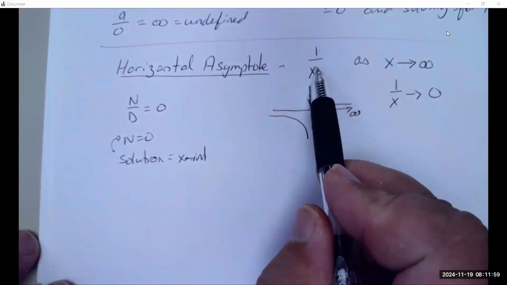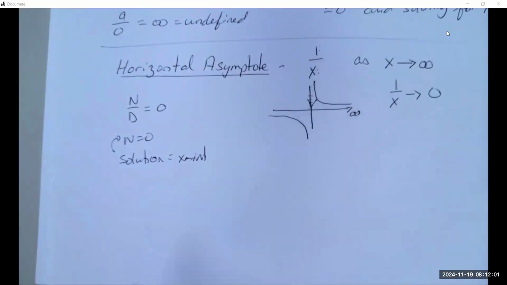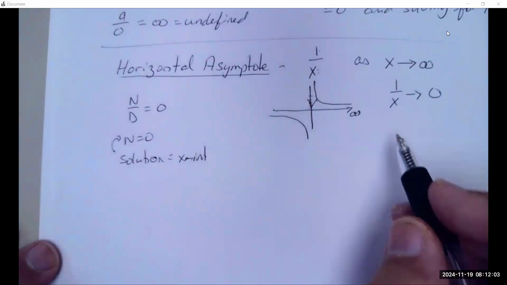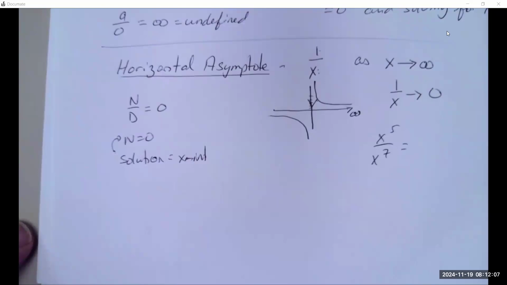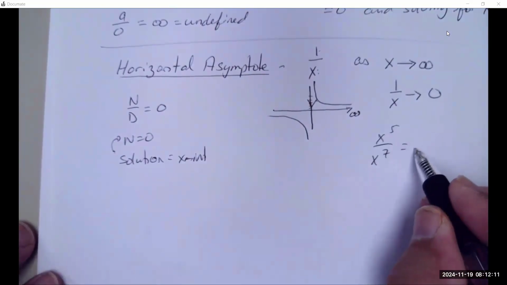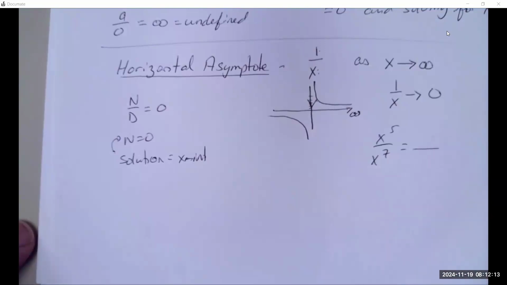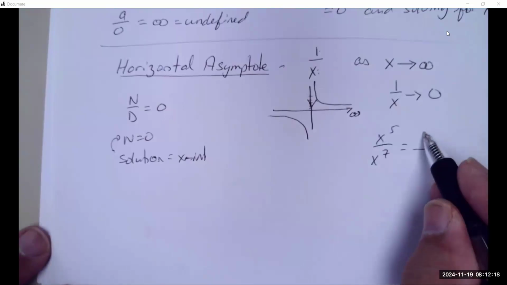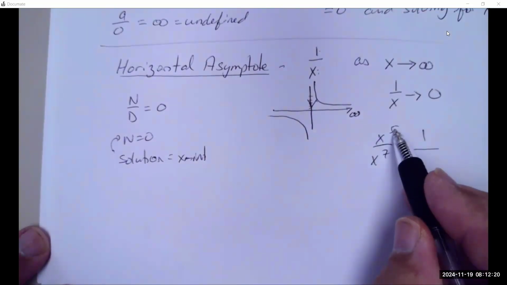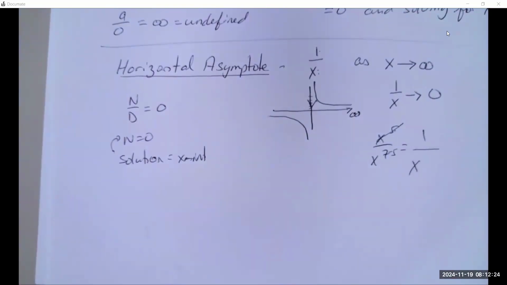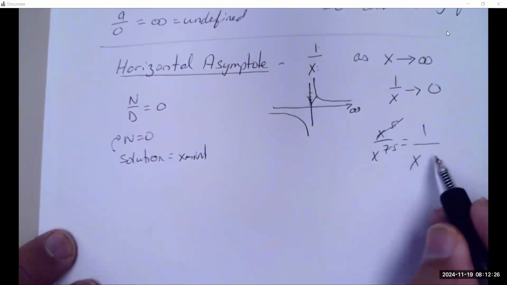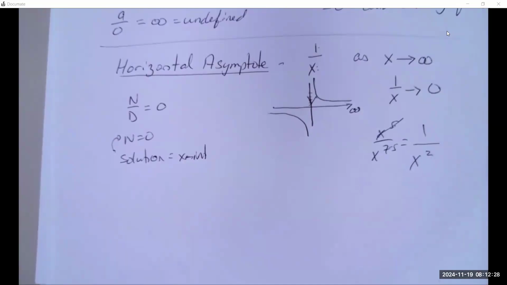So whenever you have 1 over x, or anything, even if you had x to the 5th over x to the 7th, if you simplify this, what do you get? One over x squared, because there are 5 x's on top and 7 on the bottom, so we subtract 5 x's and are left with 1 over x squared.